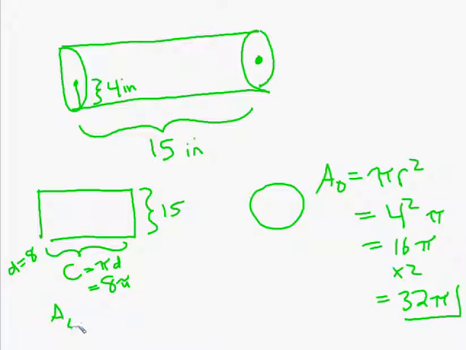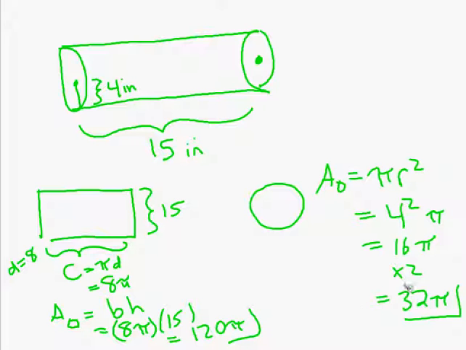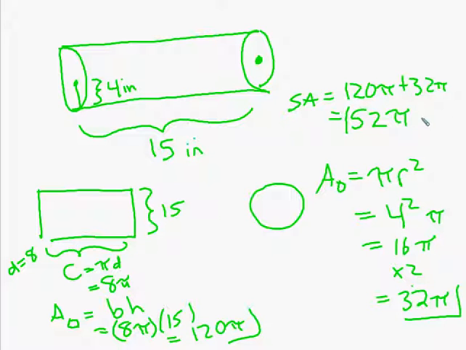So the area of the box is base times height, which is 8 pi times 15. What do I get? 120 pi. Now, since these are like terms, I can just add them. Surface area is 120 pi plus 32 pi, giving me 152 pi inches squared. Surface area.